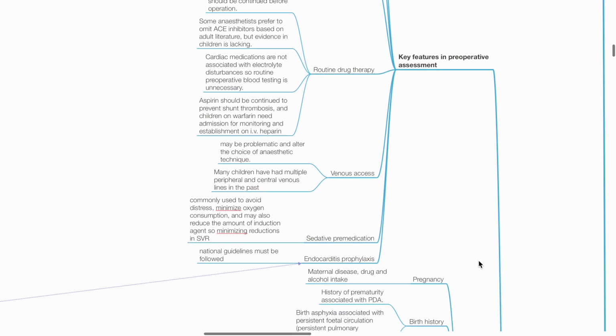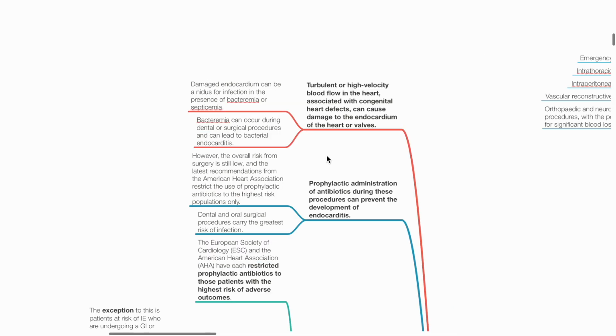Sedative pre-medications are commonly used to reduce distress, minimize oxygen consumption, and may reduce the amount of induction agent, therefore minimizing reductions in SVR. Regarding endocarditis prophylaxis, national guidelines must be followed. Turbulent or high velocity blood flow in the heart associated with CHD can cause damage to endocardium and heart valves.